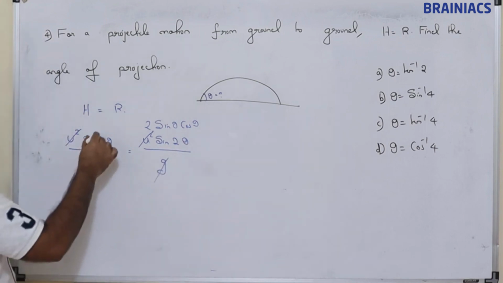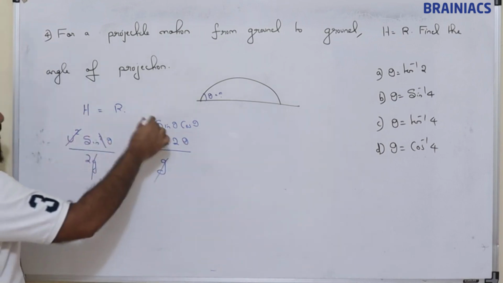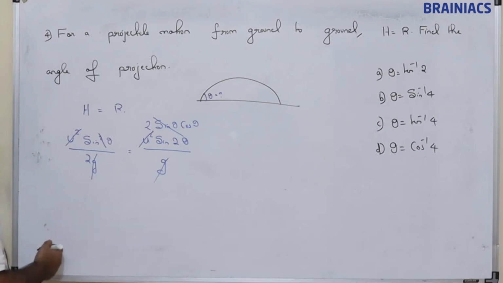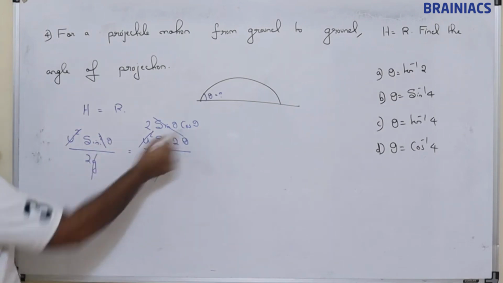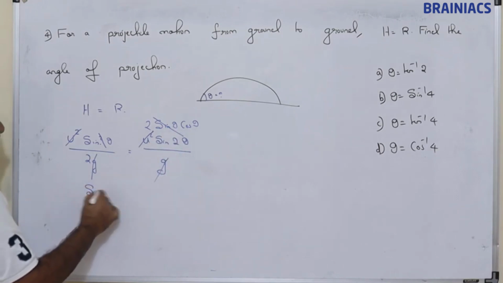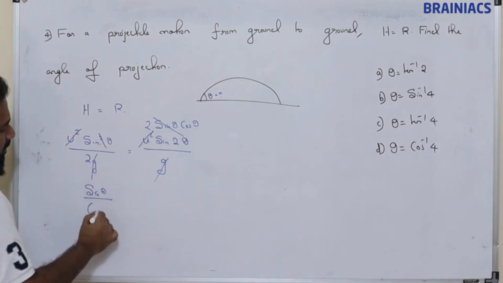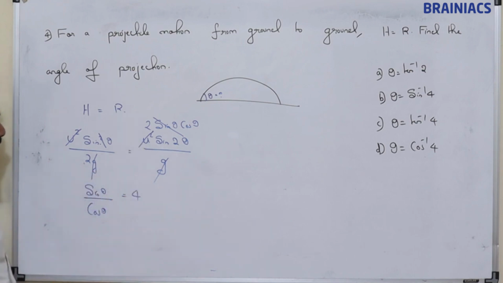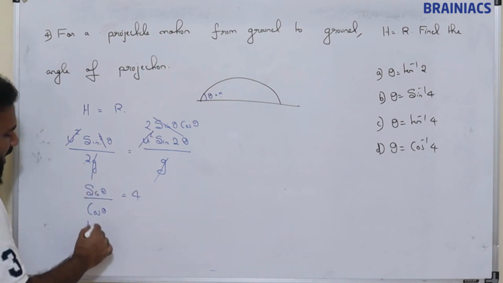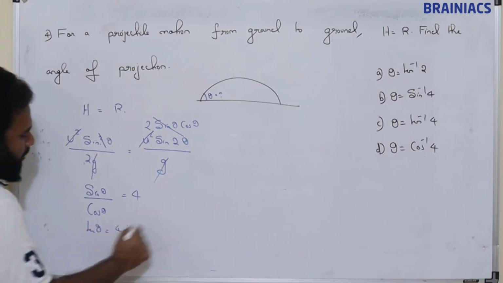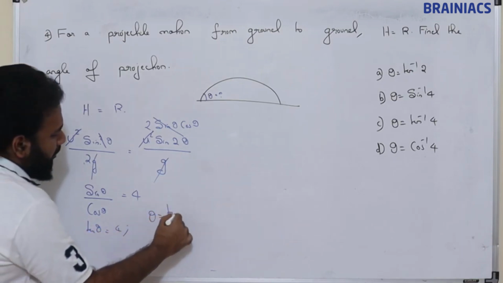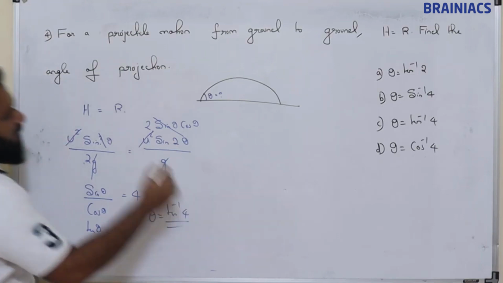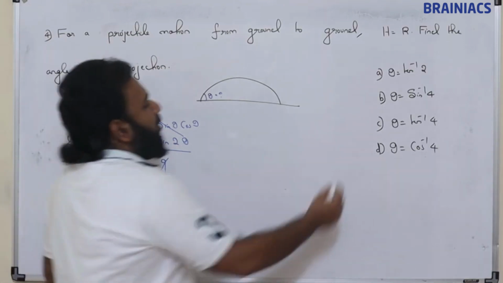Out of sine square theta, one sine and one sine theta can be cancelled off. So sine theta divided by cos theta, this 2 will go to that side, and we get 4. So tan theta is equal to 4, theta is equal to tan inverse of 4. This is the angle of projection.